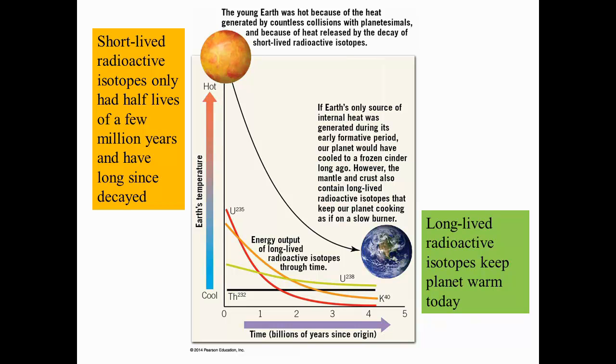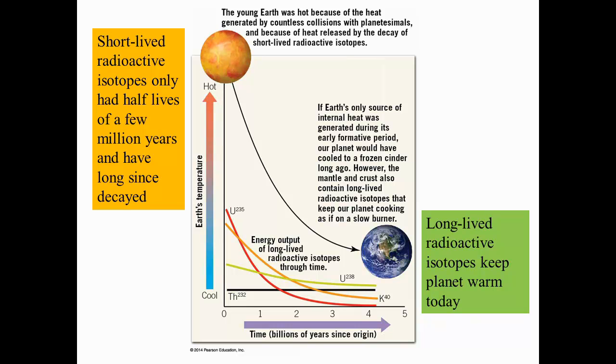Now, these early short-lived radioactive isotopes only had half-lives of a few million years and have long since decayed, so that over time Earth gradually cooled. However, if the Earth's only source of internal heat was generated during its early formative period, our planet would have cooled and frozen long ago.